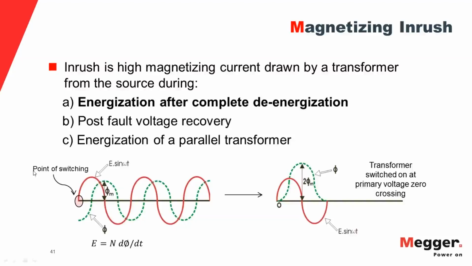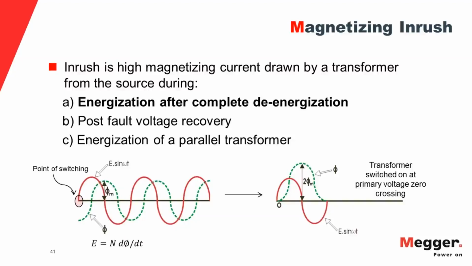And it can rise above the maximum flux to any value, 2 times or even more than that, depending upon how much the residual flux was in the system, how you have energized the transformer, whether it was at zero crossing. There are many factors involved which can cause this high flux. And in order to generate this high flux, the transformer will pull more current from the source.